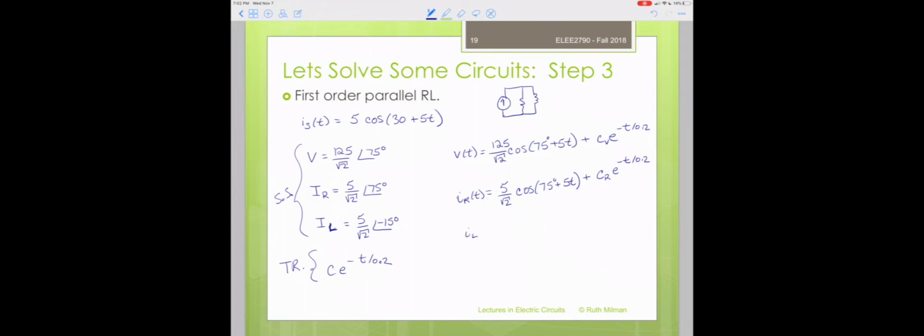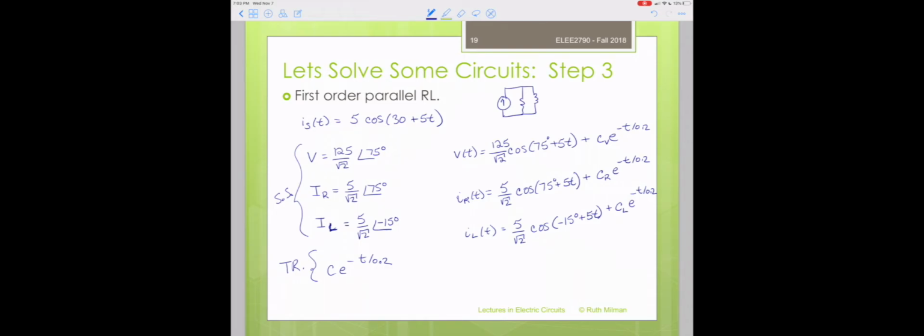Our inductor current is equal to 5 over root 2 times the cosine, this time the phase shift is different, minus 15 degrees, plus the same frequency, plus our inductor constant times e to the minus t over 0.2.